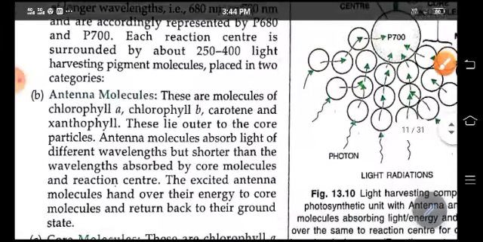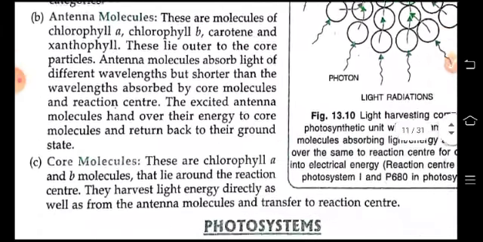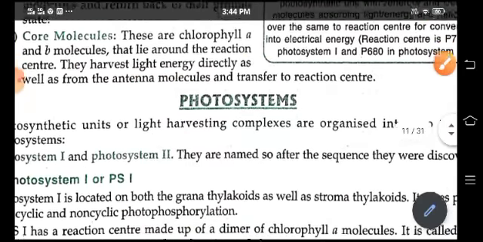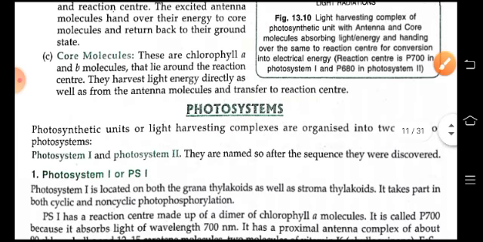Now these core molecules are chlorophyll A and B molecules, which are present around the reaction center. They harvest this light energy directly from the antenna molecules and transfer to the reaction center. Now photosystems.